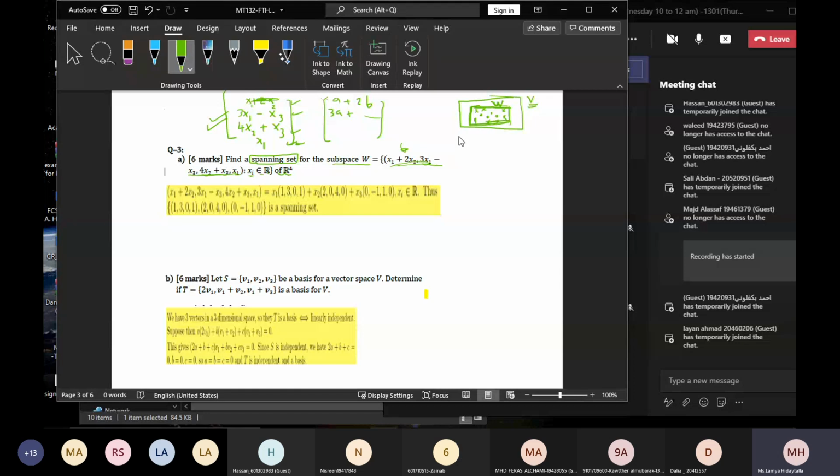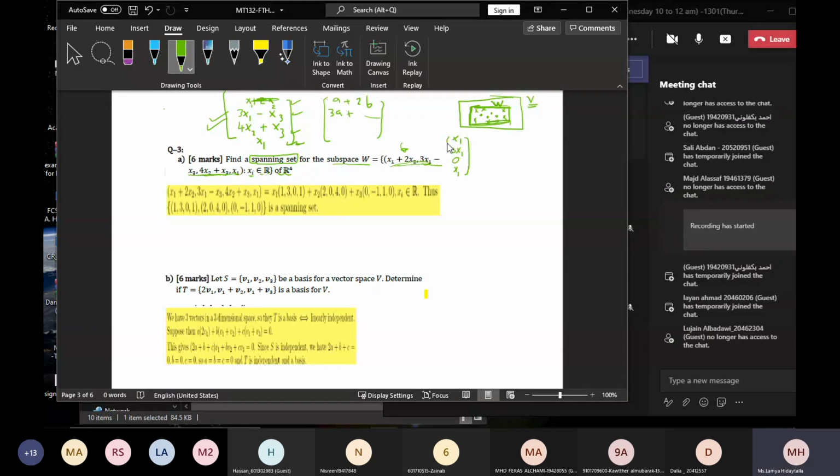So for x1 first, we have x1 and then 3x1 and then 0 and then x1. This vector plus the second one, 2x2 and then 0, there is no x2 here, and then here plus 4x2 and then here 0, there is no x2, correct?